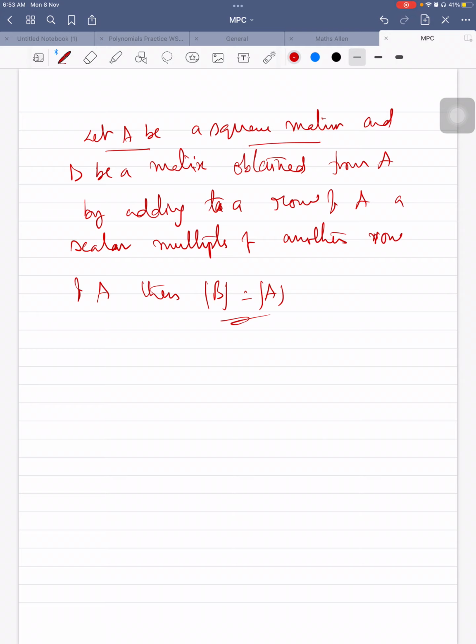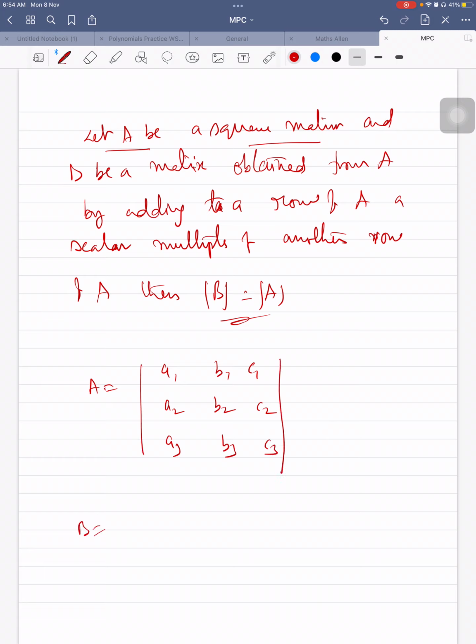See, again, read it carefully. Let A be a square matrix and B a matrix obtained from A by adding to a row of A a scalar multiple of another row. Let us see. Let A be A1, B1, C1, A2, B2, C2, A3, B3, C3.